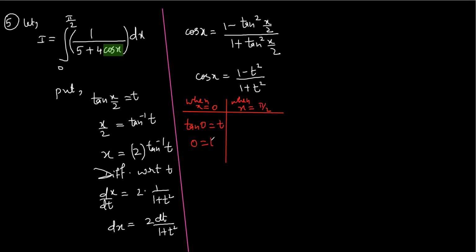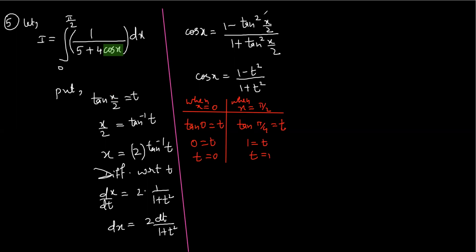So 0 equals t, t is 0. When x is pi by 2, pi by 2 upon 2 is pi by 4. So tan pi by 4 equals t, and t is 1.